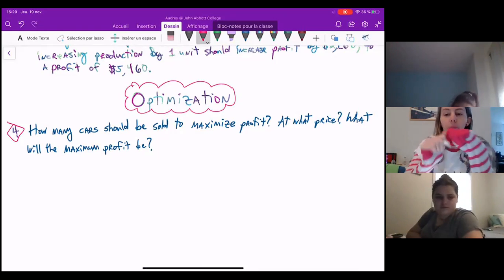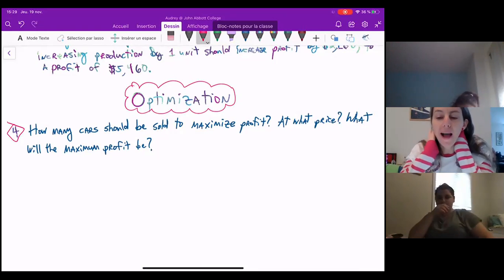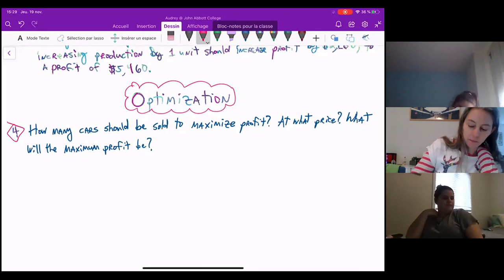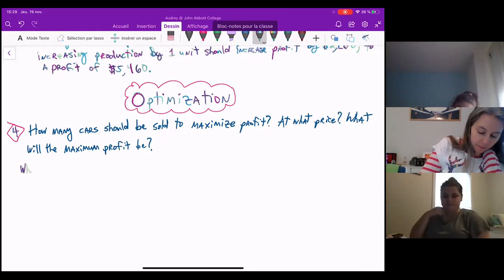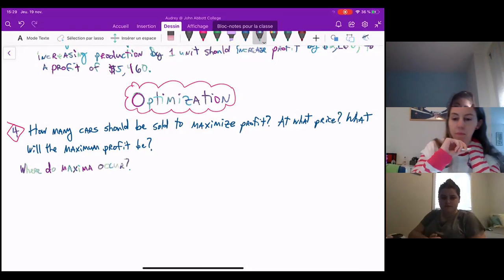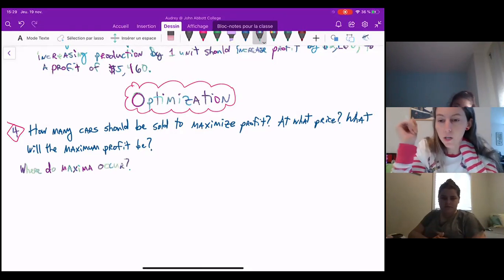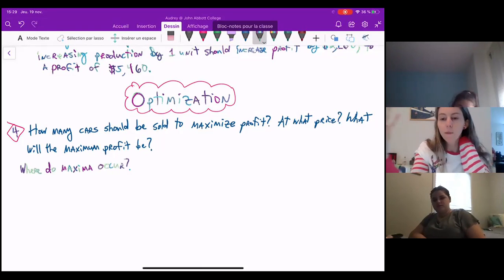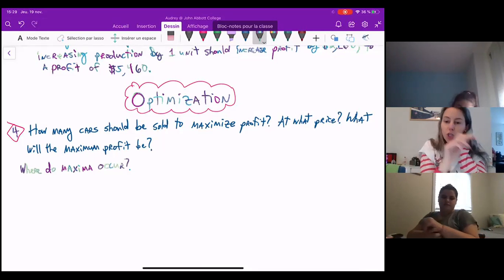Okay. Where do maxima occur? We've been doing this with curve sketching, and we had a whole bunch of tests before that, and we learned how to find maximum on curves. Where do maxima occur? When we change from increasing to decreasing, and where do those changes happen?